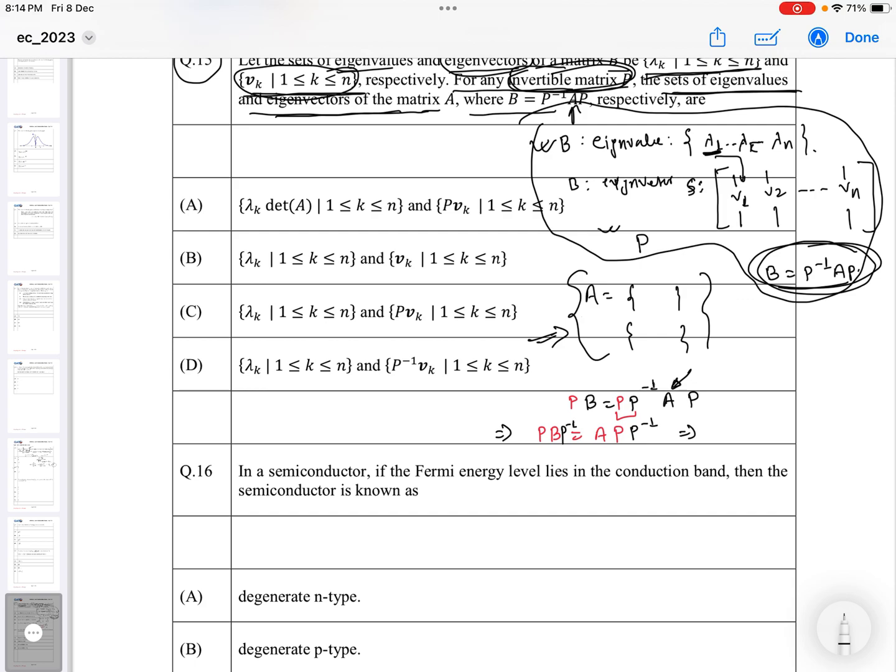So the identity times A will be A, so A is equal to P B P inverse.